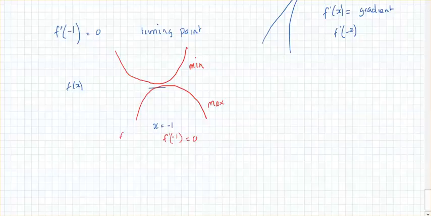F dash of negative 2. So that is to the left, yeah? Yeah, it's 15. F dash of negative 2 is what? 15. Therefore, we have a positive gradient going up, going to 0 gradient, and the only way that can happen is if it's a maximum. That's one way to put it.